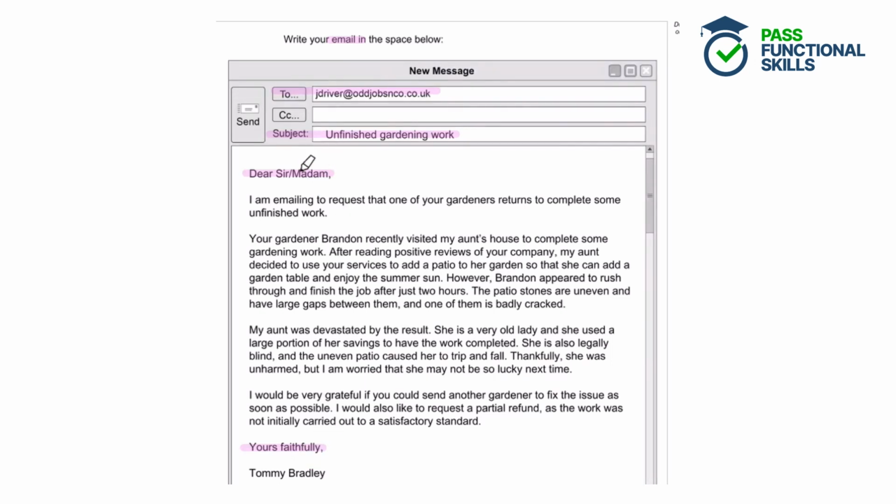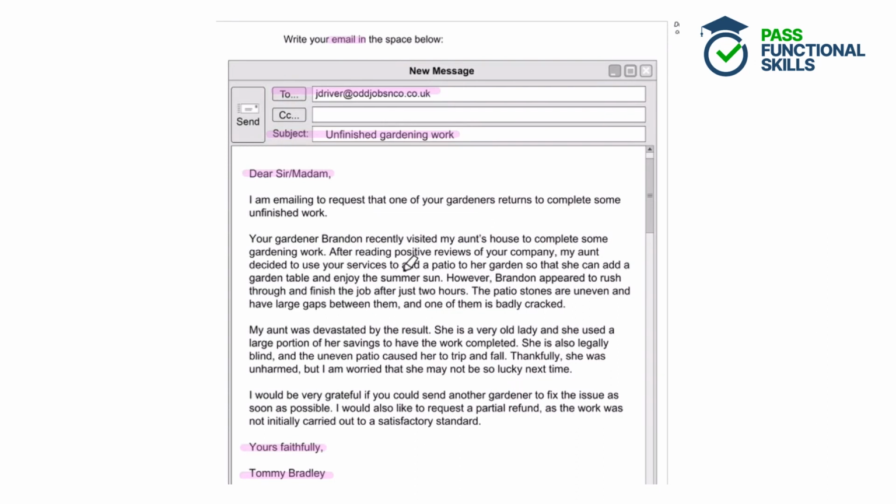So because we don't know the names of the people that work at the company and we've used the term Dear Sir, Madam, we want to use yours faithfully. If we did know their name, then we would use yours sincerely. And then we have the name of the sender right at the end there. So make sure you're including all of these features if you've been asked to write an email.